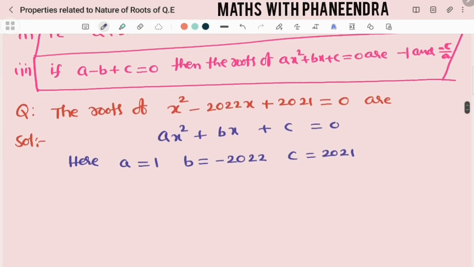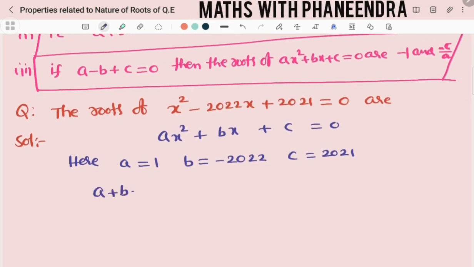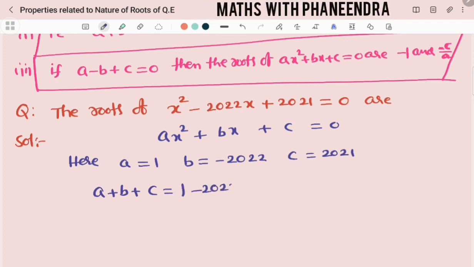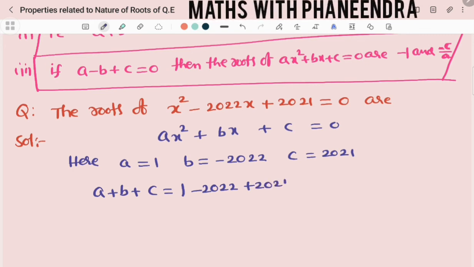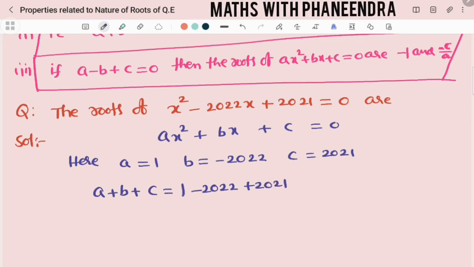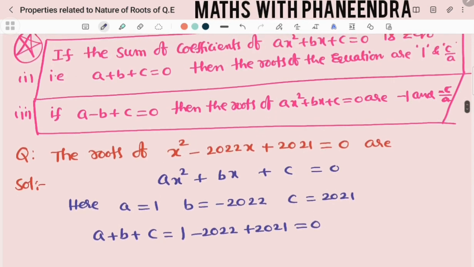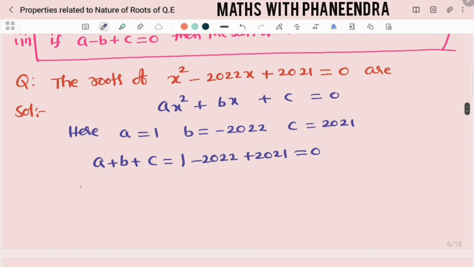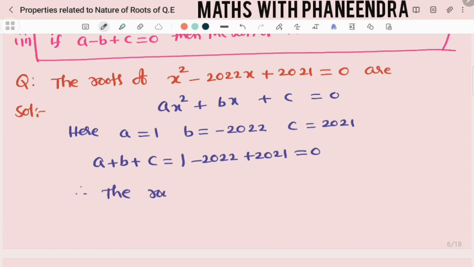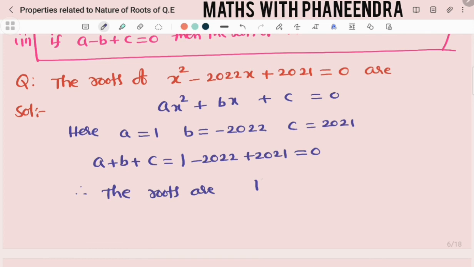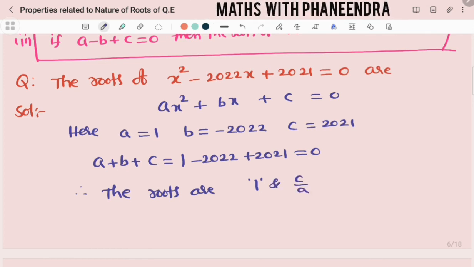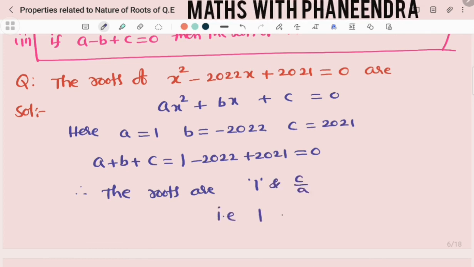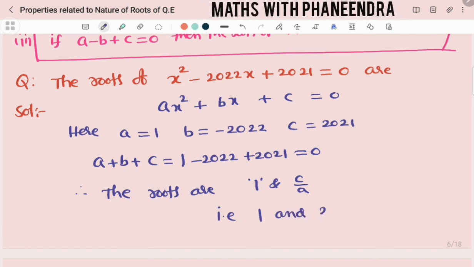Here which one is possible? A plus B plus C, first you verify. 1 minus 2022 plus 2021. So A plus B plus C, 2021 plus 1 is 2022, minus 2022, 0. So here A plus B plus C is equal to 0, which means the roots are 1 comma C by A, that is 1 and C value is 2021, A value is 1.